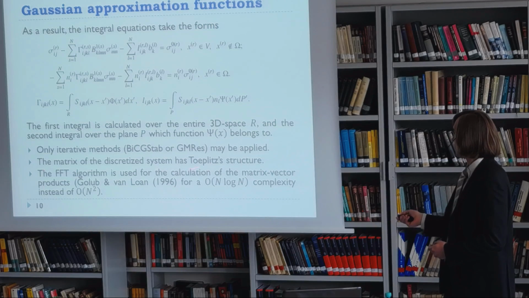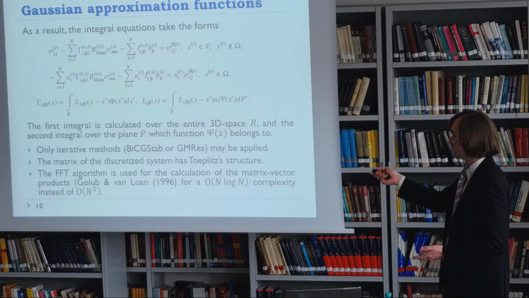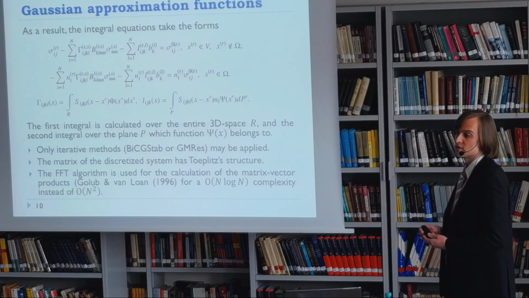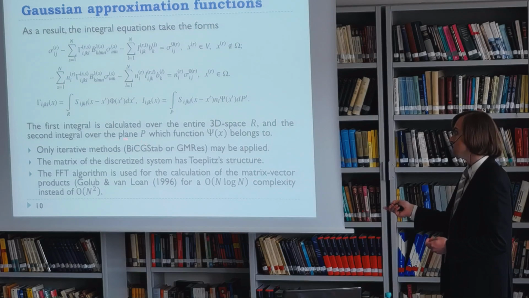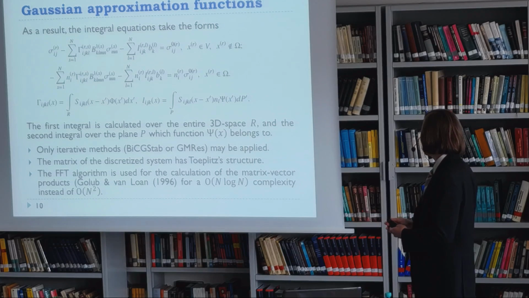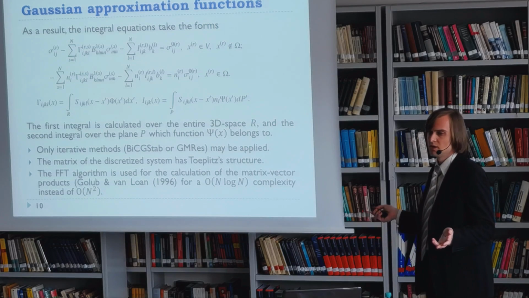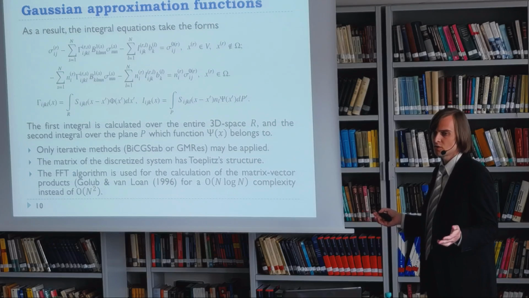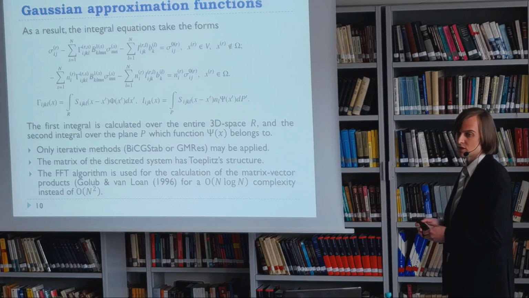Then, moreover, if the matrix of this system has a triplet structure, we may apply the fast Fourier transform algorithm for calculation of the matrix-vector products that are required for iterative methods like biconjugate stabilized gradient or minimum residual. In these methods we require a matrix-vector calculation on each step of the solution.